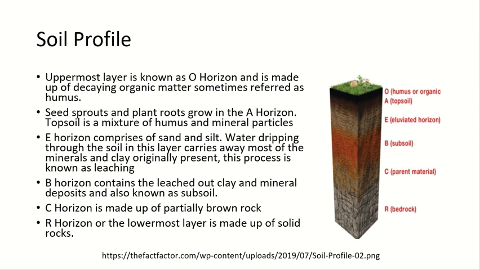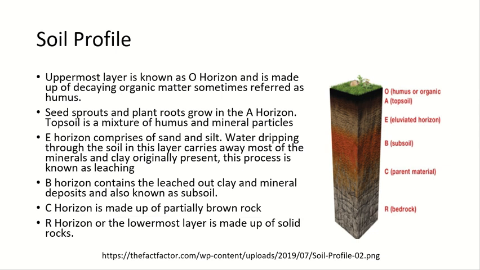The E horizon, or eluviated horizon, comprises both sand and silt. In the leaching process, when water drips through the soil, it carries away minerals and clay present in this layer.